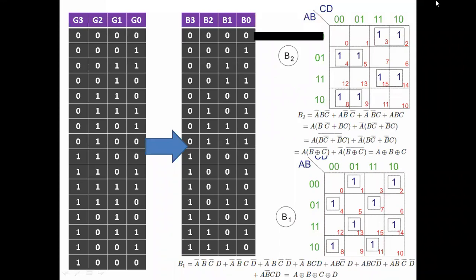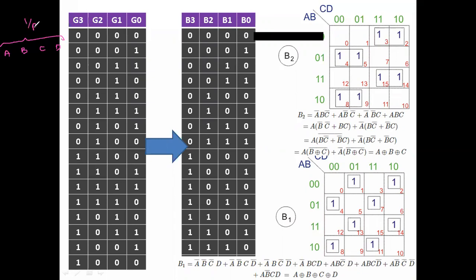So after reducing this expression, what is the next step? You have to draw the equivalent logical circuit, the combinational logic circuit, for the obtained result. So the input is A, B, C, D. Here we assumed this is the gray input.